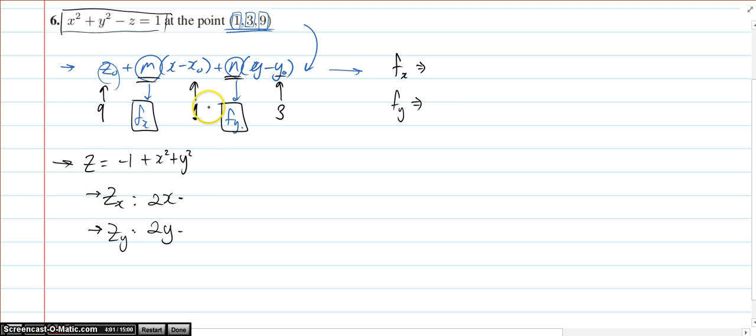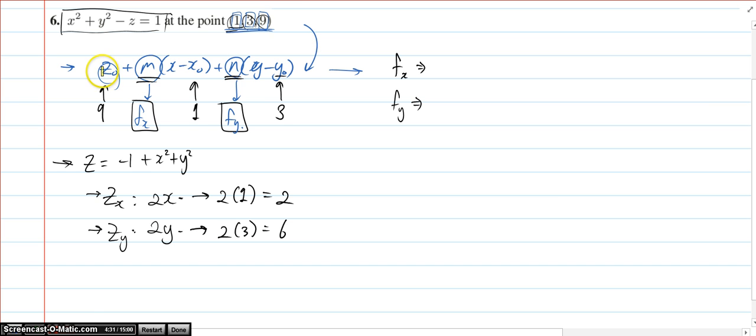So we just plug the corresponding point into these equations. x equals 1, so we plug 1 into x, and we get 2 for zx at the point 1, 3, 9. Same thing for y: we plug in 3, so we get 6 for zy, which is n.